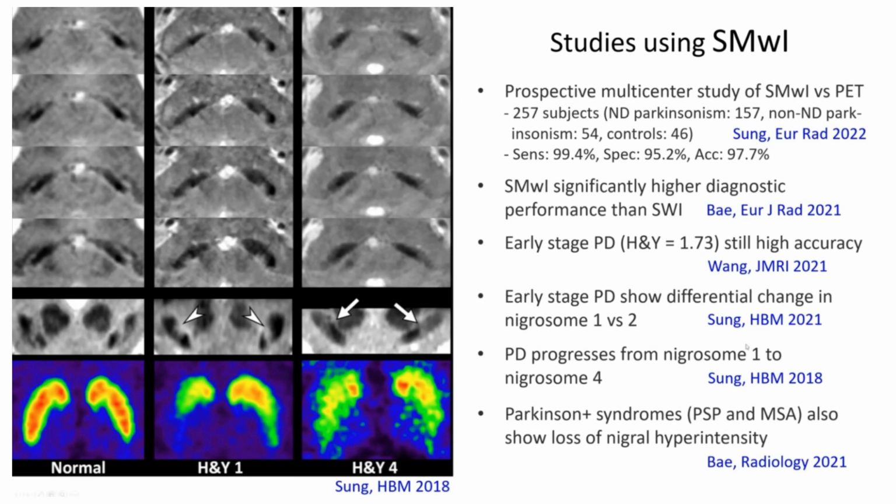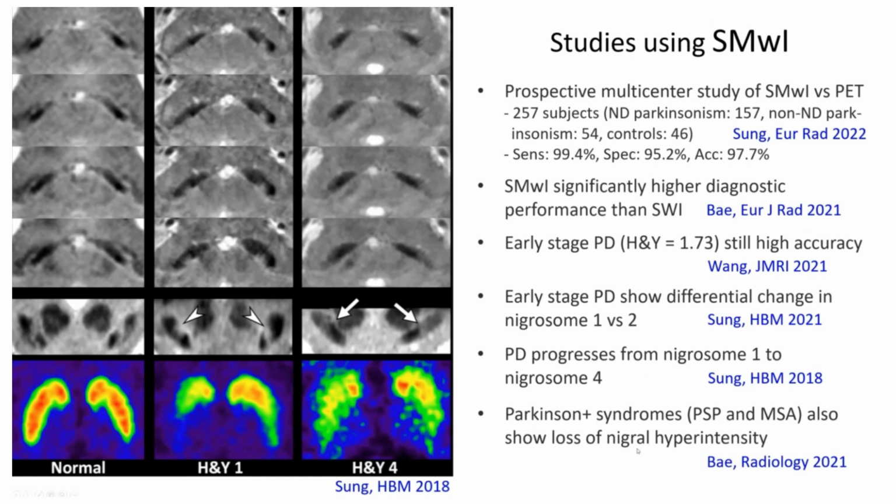And also, it works for the early stage PD as well, as demonstrated in this study from a Chinese group. And different parts of the substantia nigra seem to be involved in different stages of Parkinson's disease, as demonstrated in these two studies. Well, as we went along the studies, one thing that we got really disappointed about was this last study.